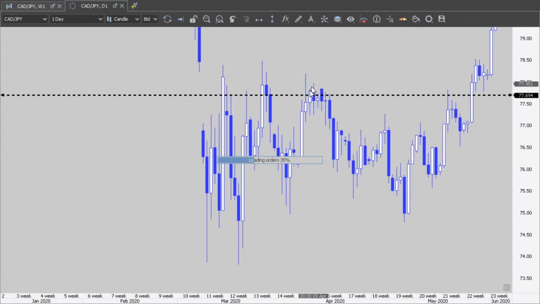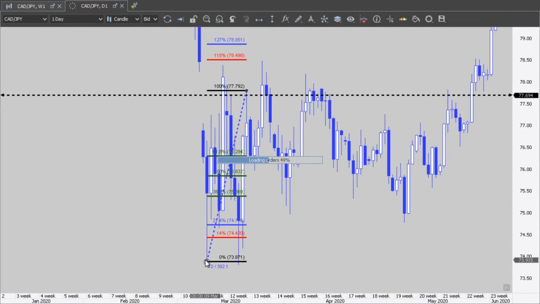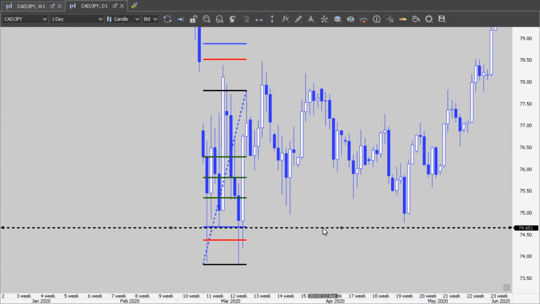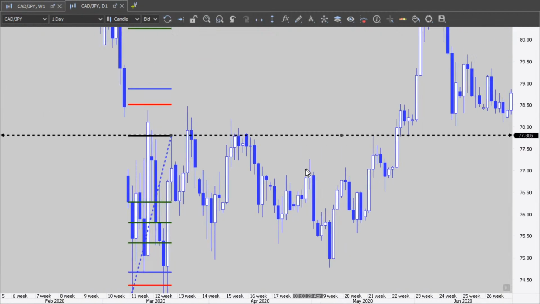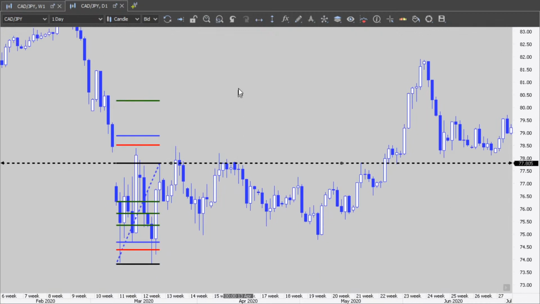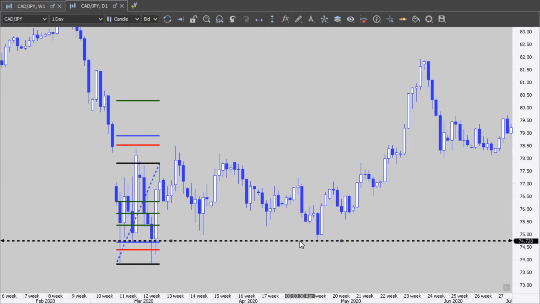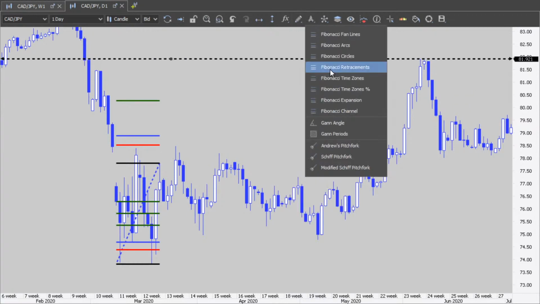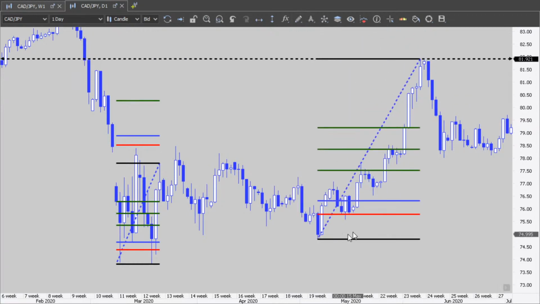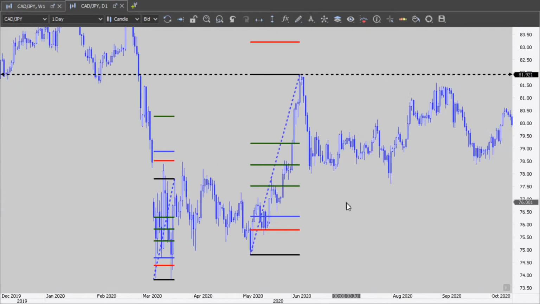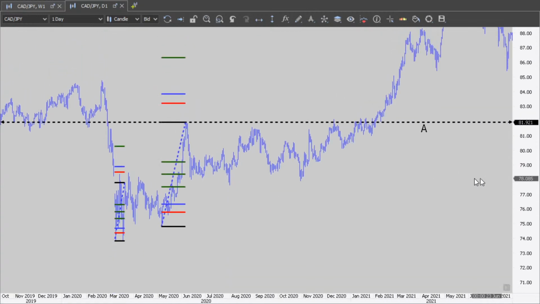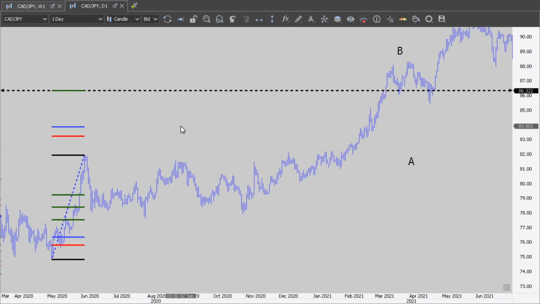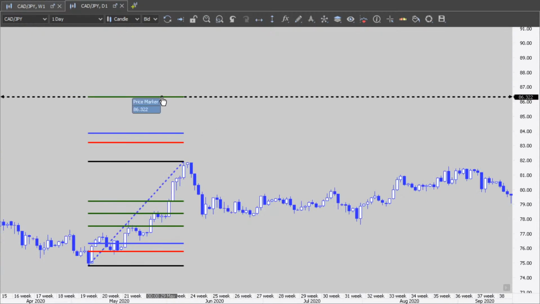So Fibonacci retracement, A to B, not sure about this one, so it's still green goes to green, didn't hit the blue, so this is the extension. This is the second Fibonacci on the daily chart, green goes to green, and this is going to be the extension somewhere in here.